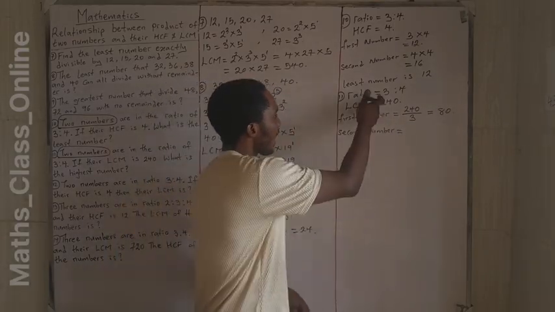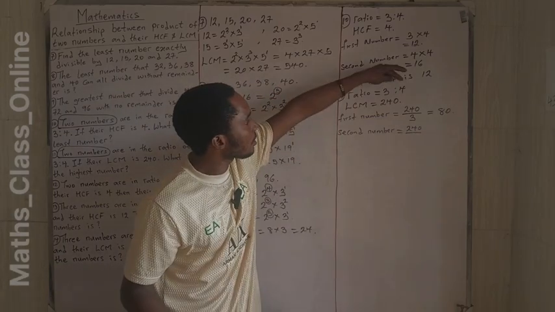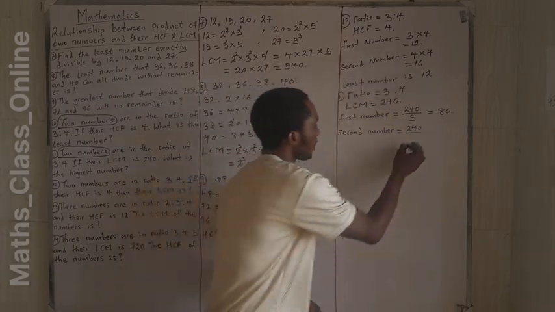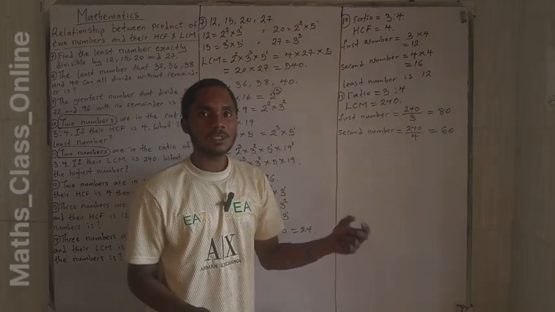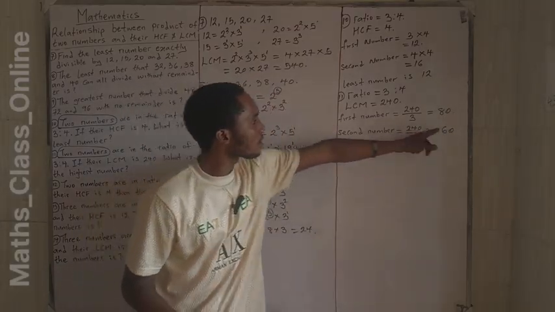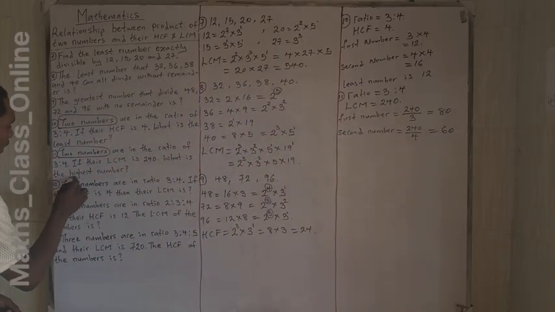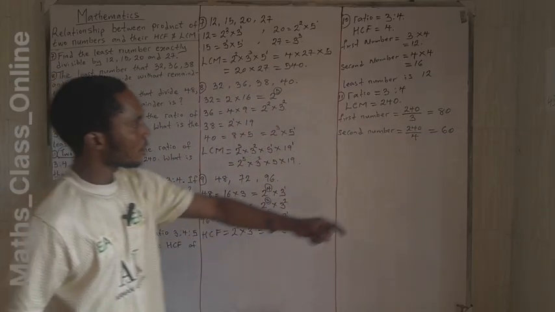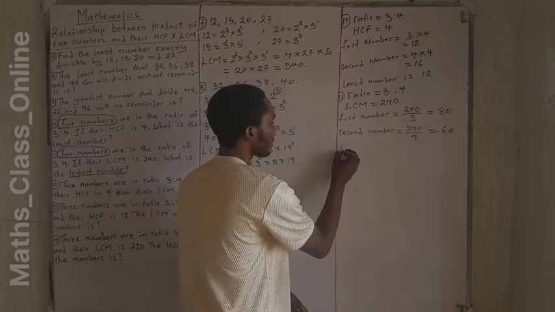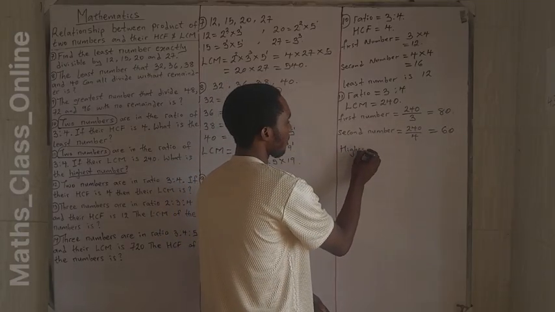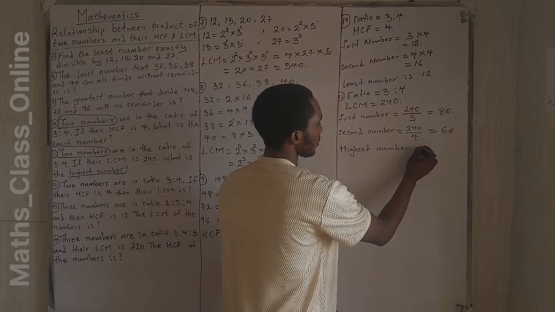The second number is LCM 240 divided by the second number in the ratio, which is 4, and this is equal to 60. That means the numbers are 60 and 80. What is the highest number? Between 60 and 80, the highest is 80.